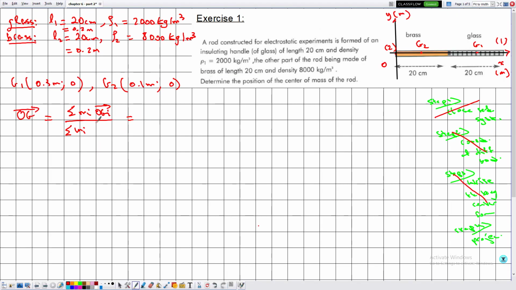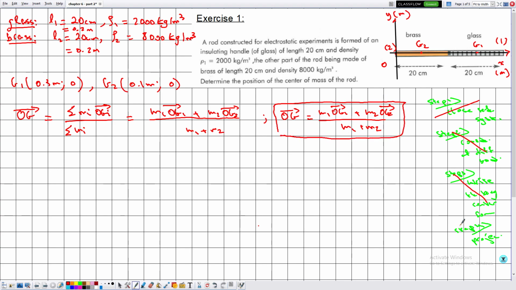So this formula is given by m1 OG1 plus m2 OG2 divided by m1 plus m2. So in this case we have that the vector OG is equal to m1 OG1 plus m2 OG2 divided by m1 plus m2.